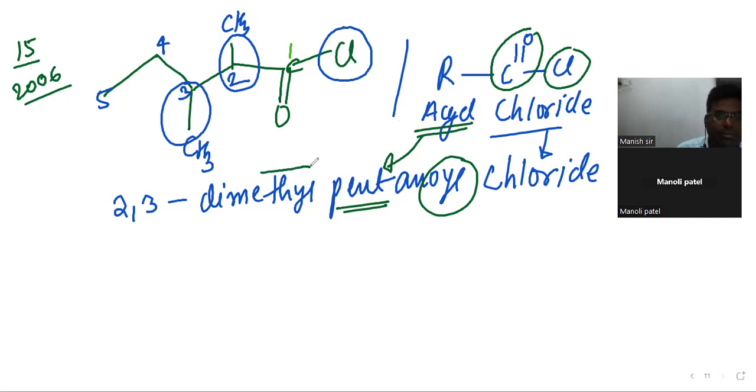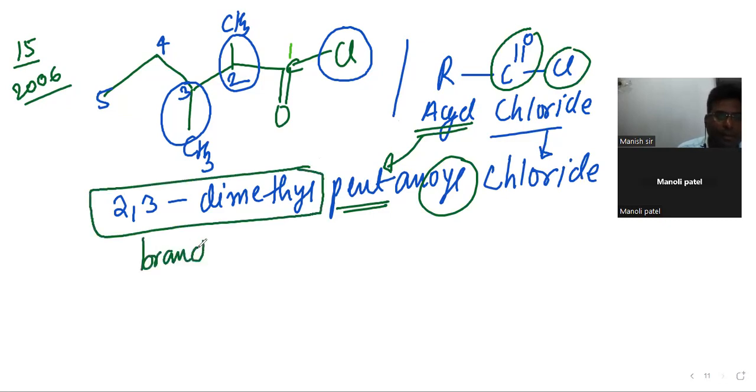And this is your branching. First write the branching. Why di? Because the same methyl group is attached at 2 and 3. So this is the IUPAC name of this compound. Done? Yes, sir. Okay.